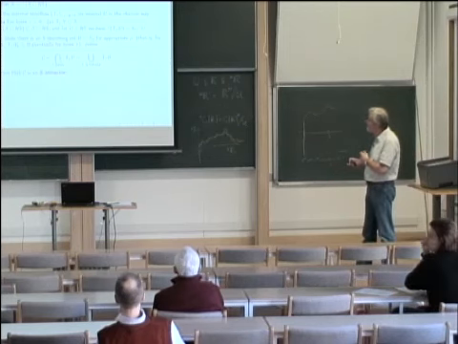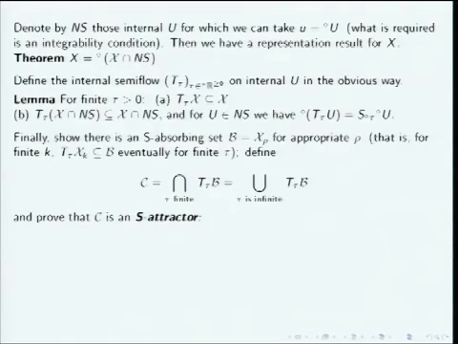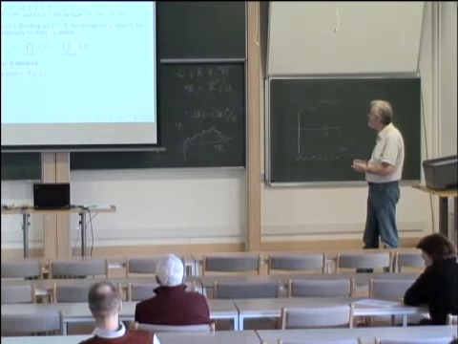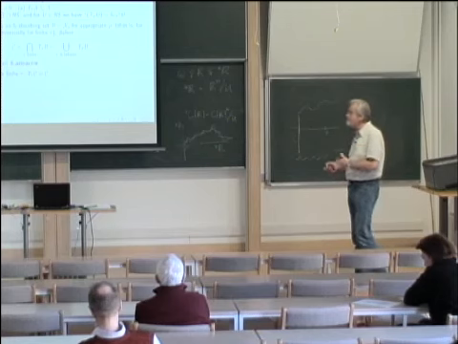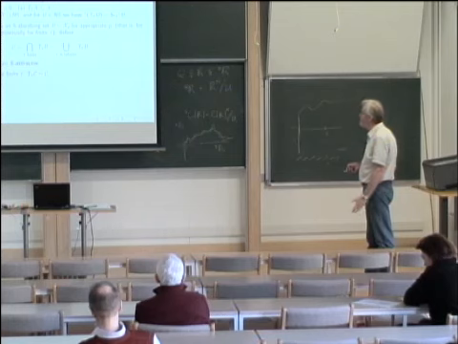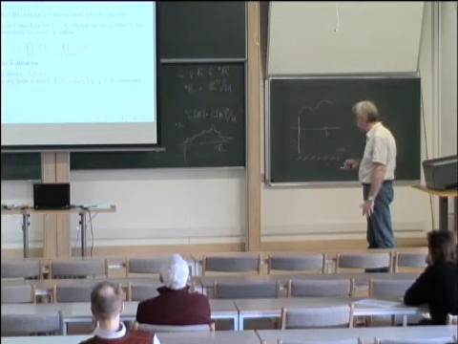Once you have this, you can see that this non-standard object has just precisely the right properties you want, because if you shift anything in here by a finite time, well, infinite plus or minus a finite time is infinite. So you get the invariance trivially. The attraction comes out almost trivially.